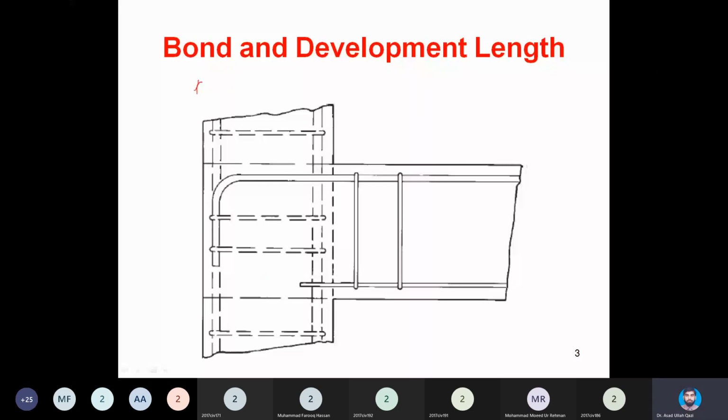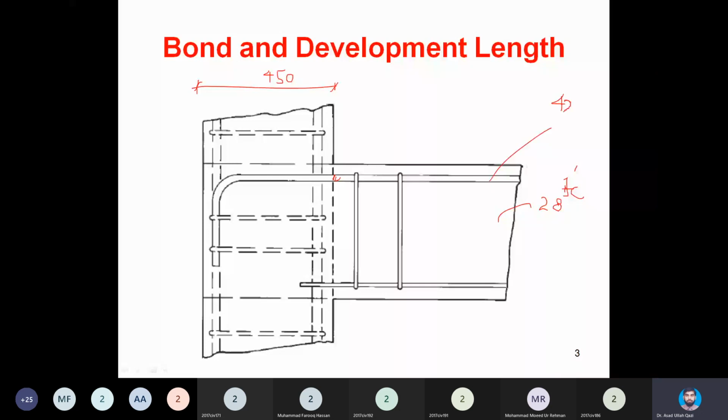Suppose this column dimension is 450 millimeter, H of the column, and you just calculated the tension development length of the straight bar with concrete grade 28 megapascal, FC prime, and steel grade 420, although I did this calculation for bottom bar.